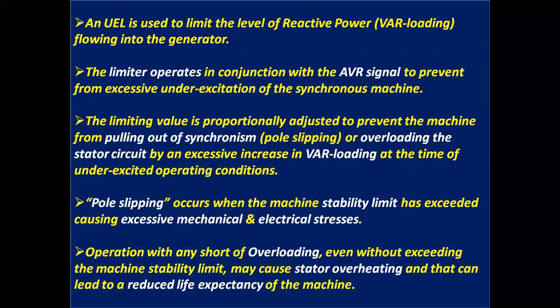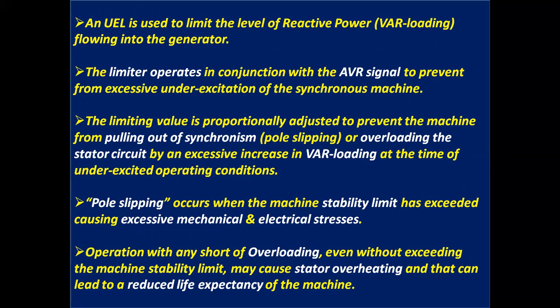An under-excited limiter is used to limit the level of reactive power, that is VAR loading, flowing into the generator. The limiter operates in conjunction with the AVR signal to prevent excessive under-excitation of the synchronous machine. The limiting value is proportionally adjusted to prevent the machine from pulling out of synchronism, or pole slipping, or overloading the stator circuit by an excessive increase in VAR loading at the time of under-excited operating conditions.